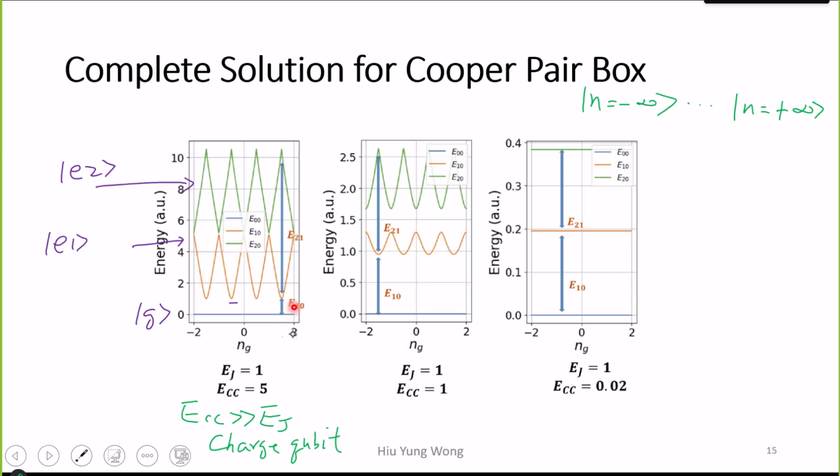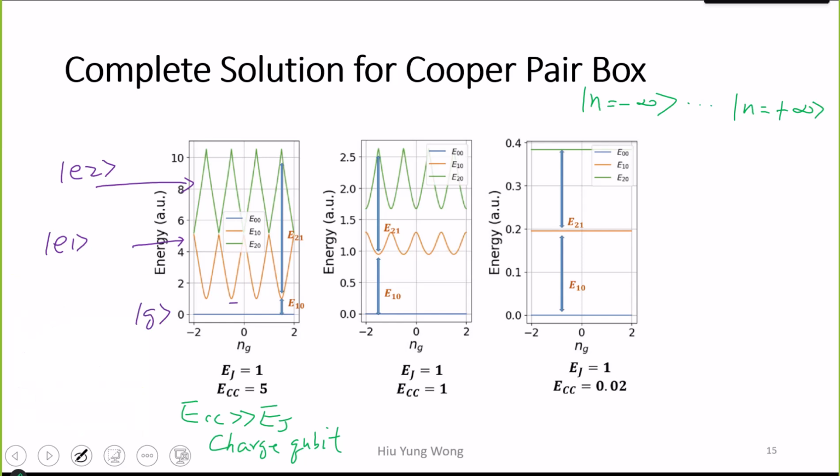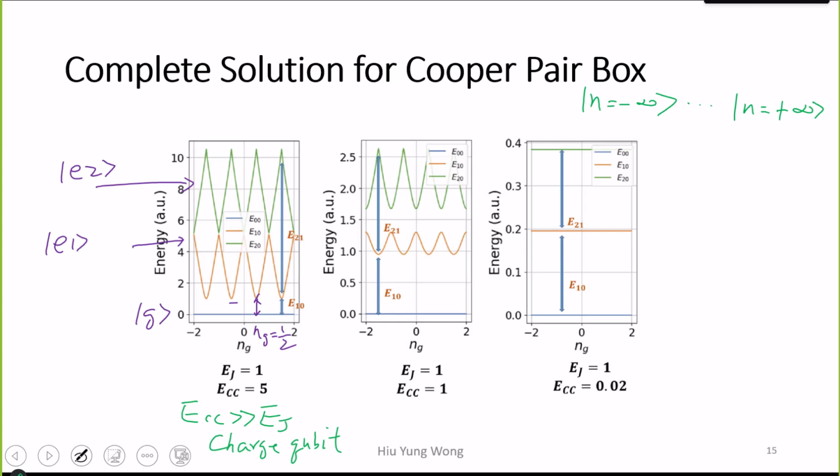So E10 is the qubit energy, right? So again, as I told you earlier, this is the sweet spot, Ng equal to half. If I have any charge noise from here to here, you see that the energy would change a lot. Do you see that?